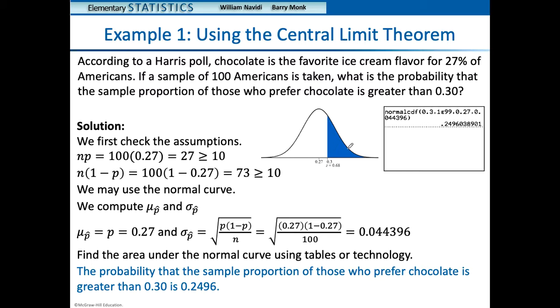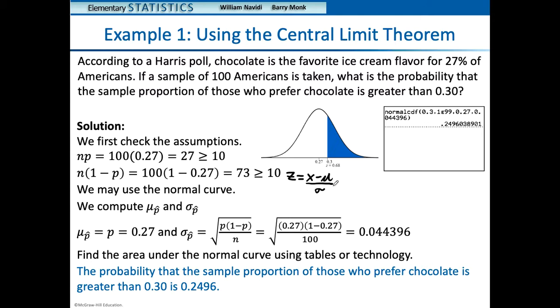And to find that area, we need to either calculate the z-score and then use the chart, or we can use our calculator in the normal CDF command. Now, if we were to use the chart, we would have to calculate the z-score. And remember that the basic z-score formula, when we first introduced it, was z equals x minus mu over sigma, right?